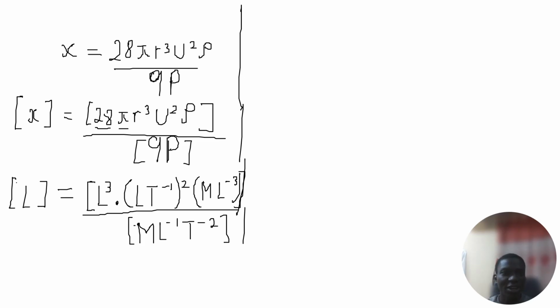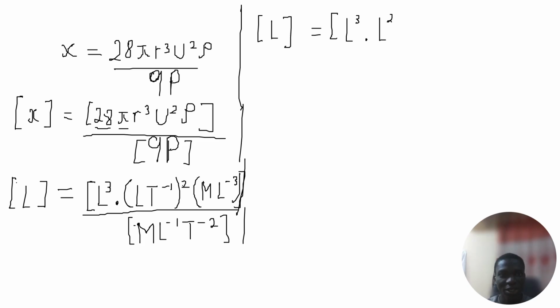Okay, now let's try to simplify further. So this is L, and it is equal to, now here we can open the bracket, so we have L cubed, then multiplied by L squared because of these two.